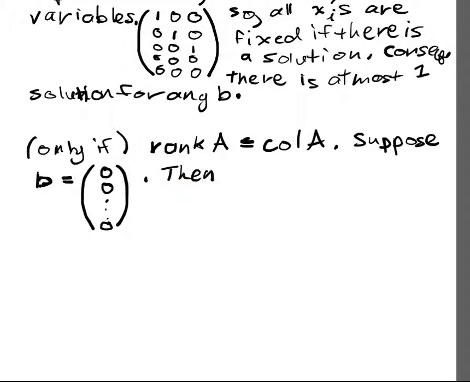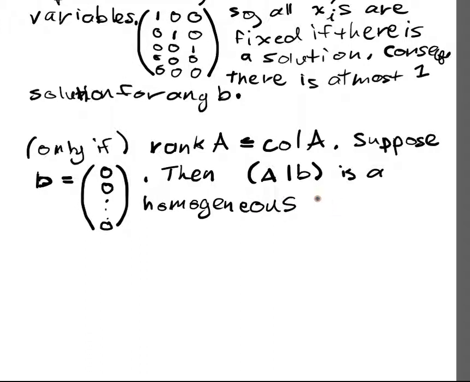Then A augmented with B is what we call the homogeneous system. Whenever we have this happening, we'll get a homogeneous system.